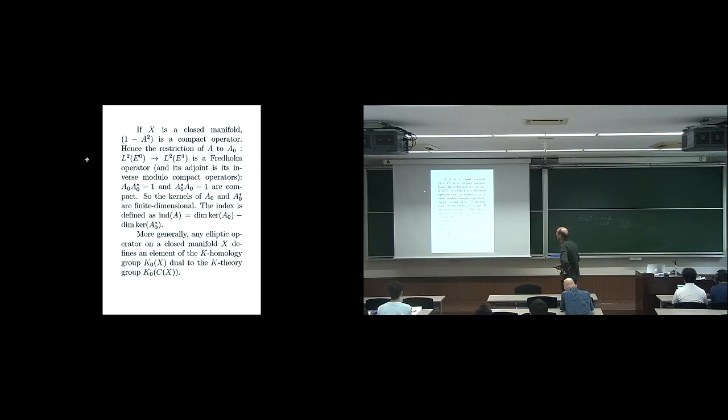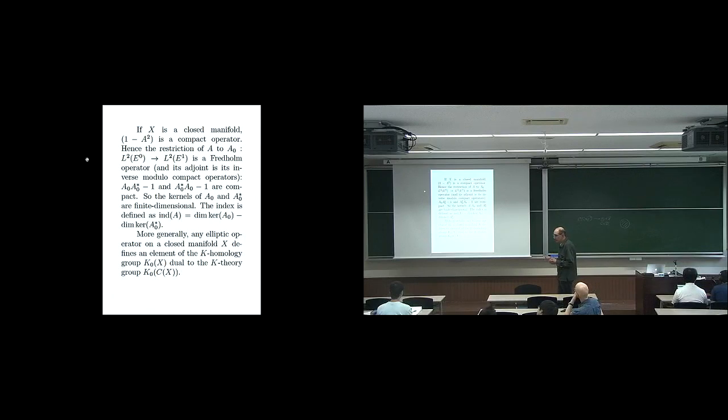Now, what are the topological consequences of all this stuff with elliptic operators? First of all, an elliptic operator is Fredholm, which means exactly that it's invertible modulo compact operators, because its symbol is invertible at infinity.